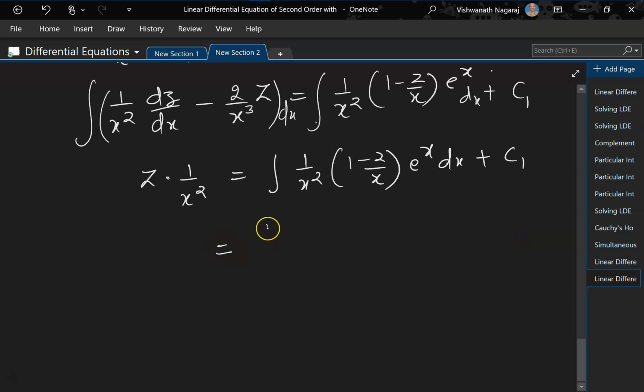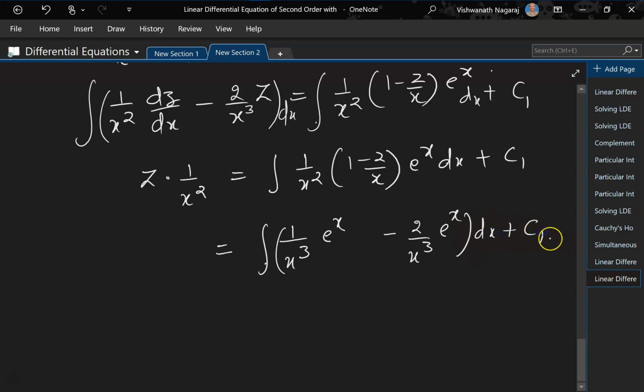Let's open up this bracket. We get 1/x³ e to the power of x dx minus 2/x³ e to the power of x dx. Let's keep it together itself plus c1.